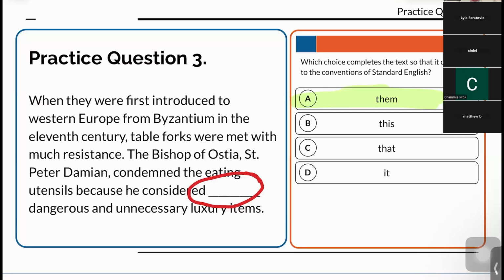Let's say we picked the noun, the Bishop of Ostia. We're talking about St. Peter, right? St. Peter condemned the eating utensils because he considered St. Peter dangerous. That doesn't work. So the other noun in the sentence is the eating utensils. So he considered the eating utensils dangerous and unnecessary. That clicks. So that's a plural noun, and then them is the only one that works here.